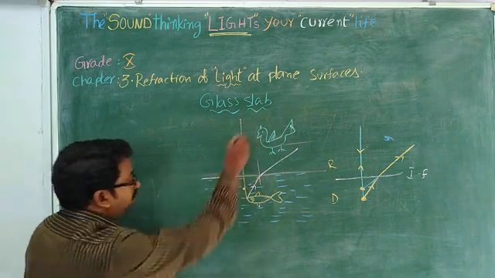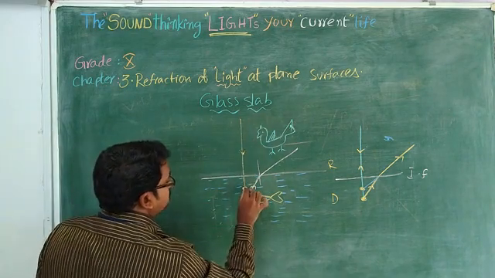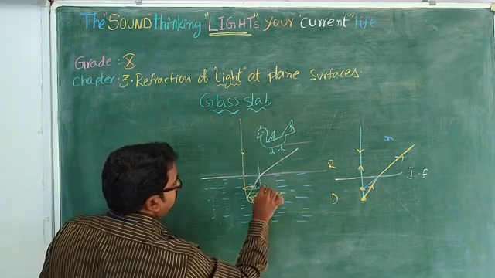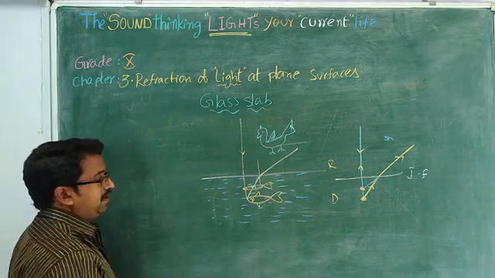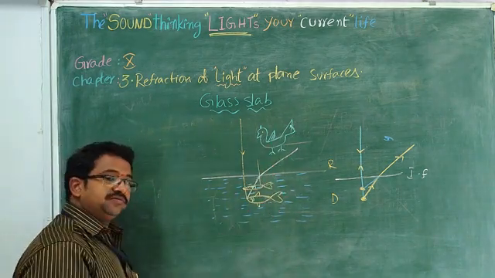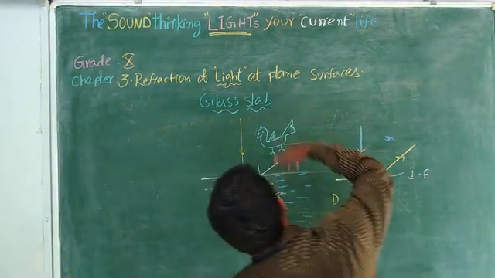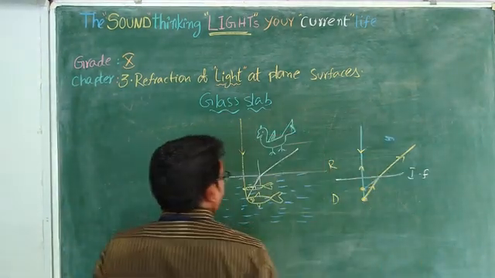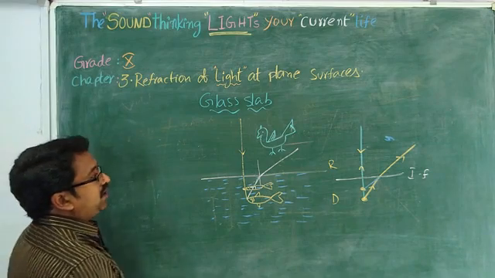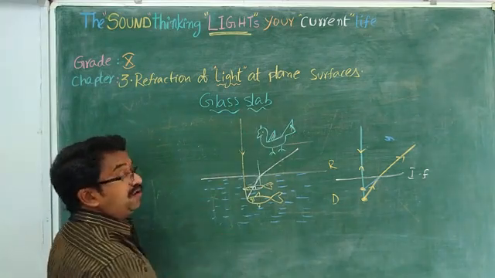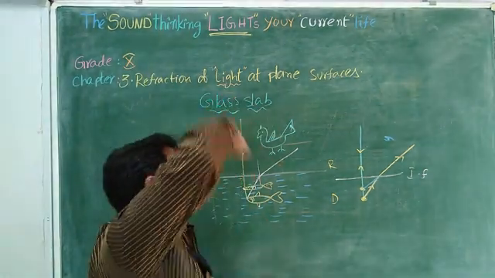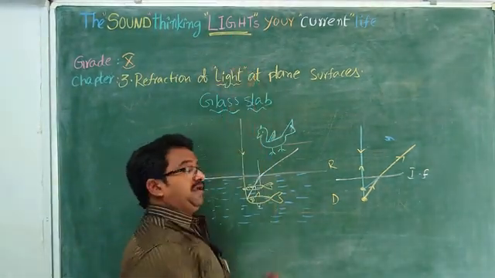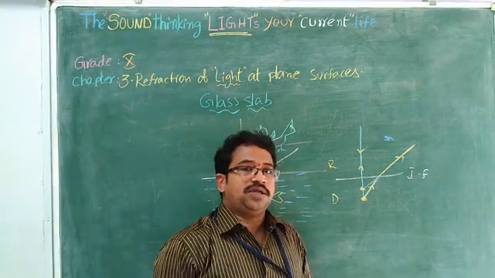So for this bird, the fish appears here. But what about the fish? The fish is seeing the bird, with light going from rarer to denser, so it will bend the other way and the bird will appear somewhere else, apparently higher.